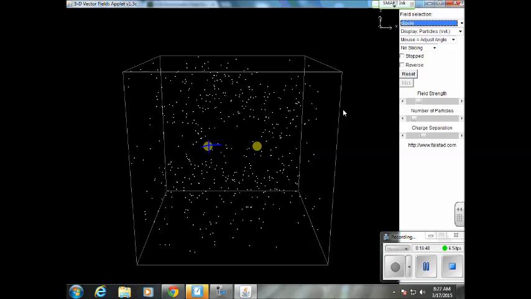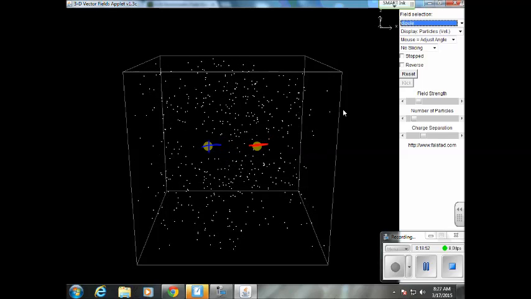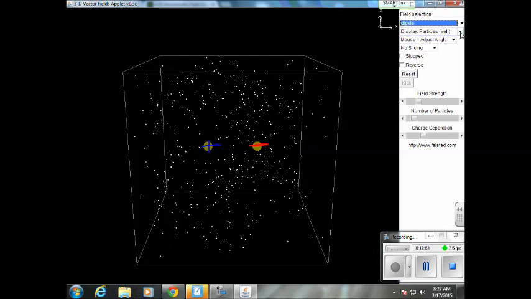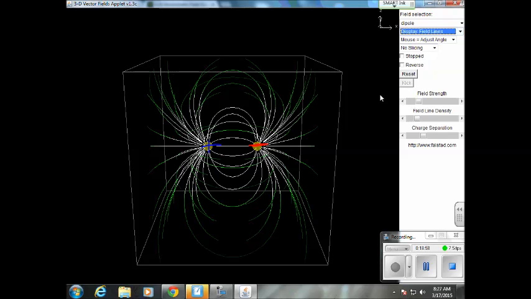Oh yes, I can. Positive and negative. And then when you look at those field lines, it shows exactly what you just drew. Just looking at the field lines, you can't identify which one's positive and which one's negative, but you can at least describe what path a particle would follow in general.